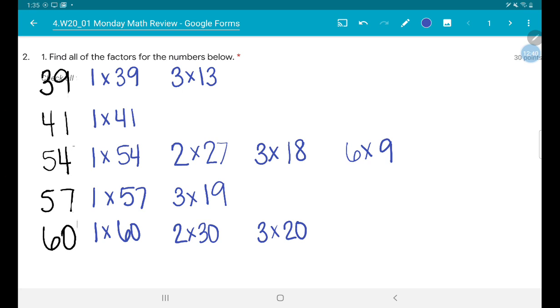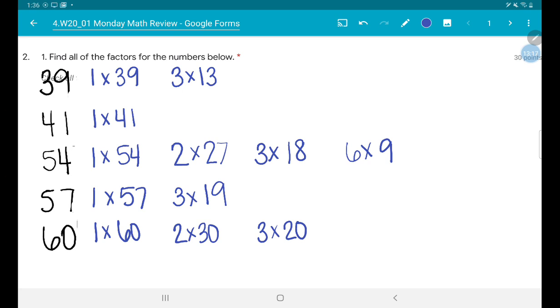How about 4? Can we split 60 into 4 equal groups? Yes.